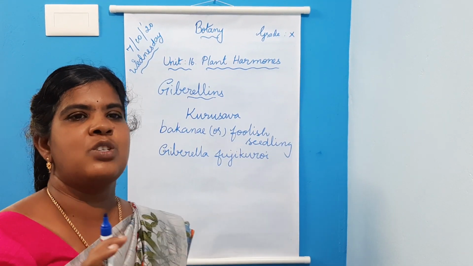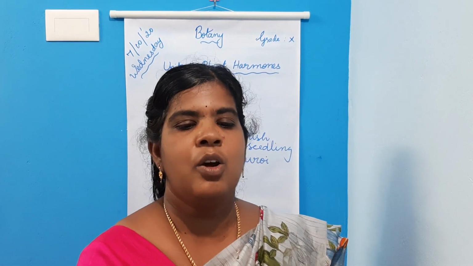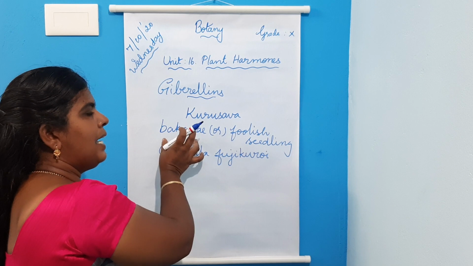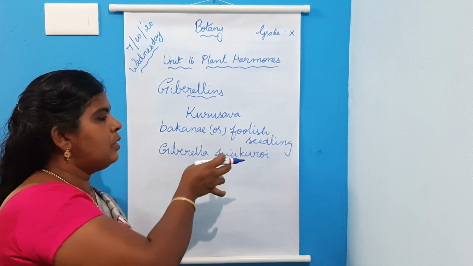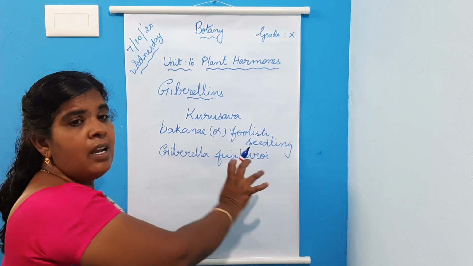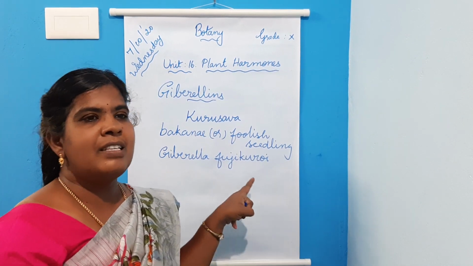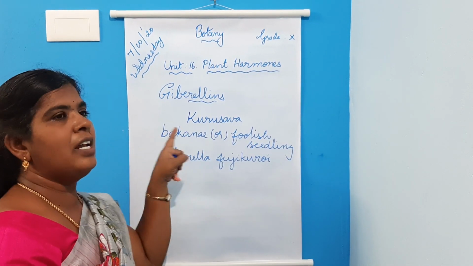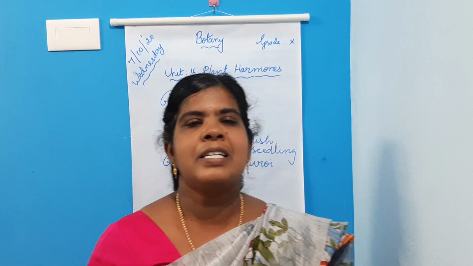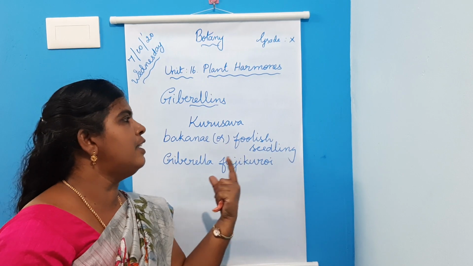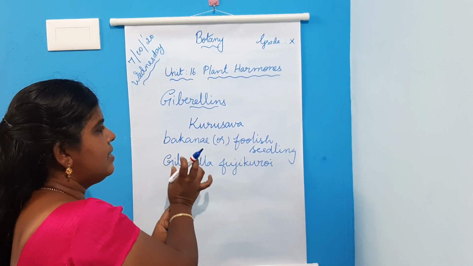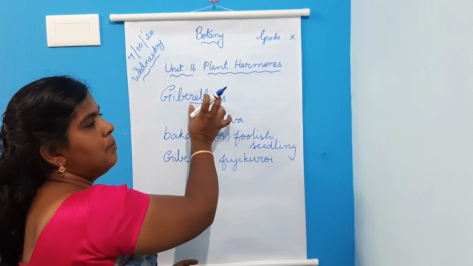The substance gibberellin was identified from this foolish seedling diseased plant.